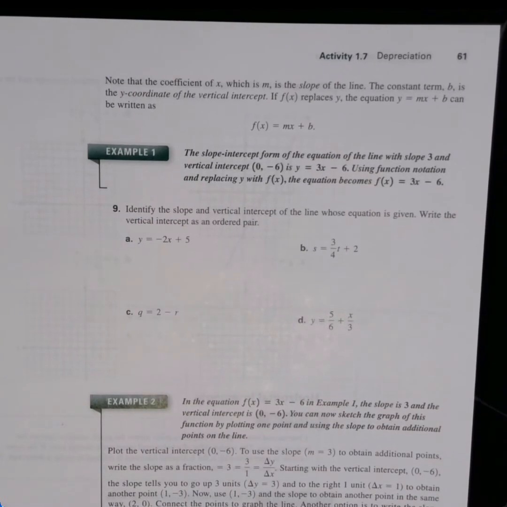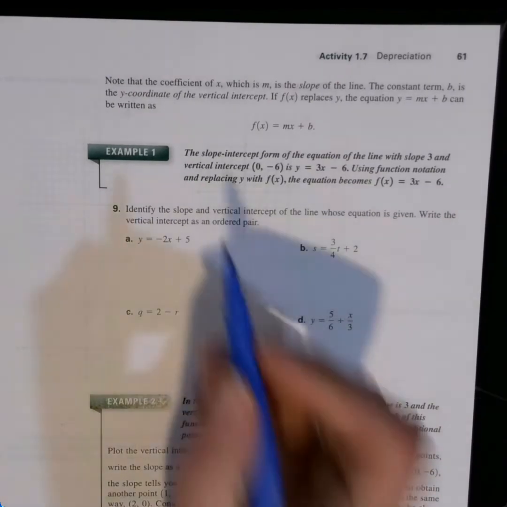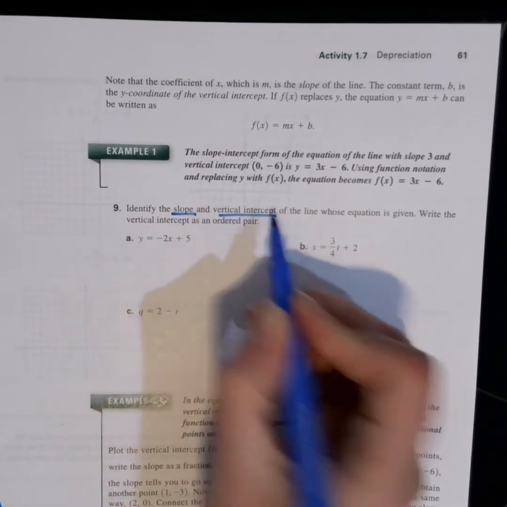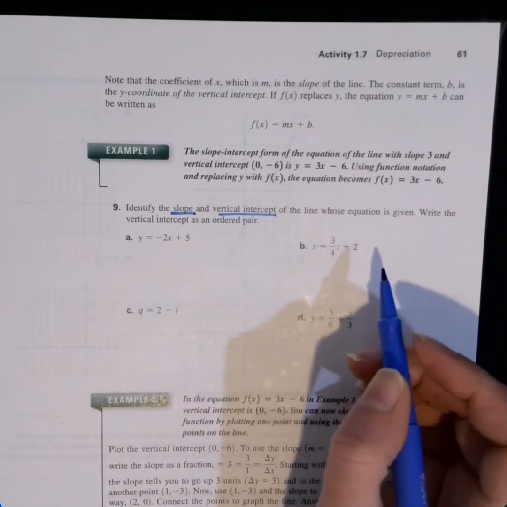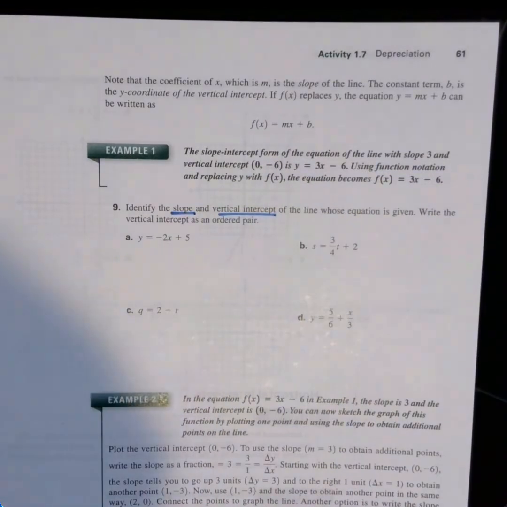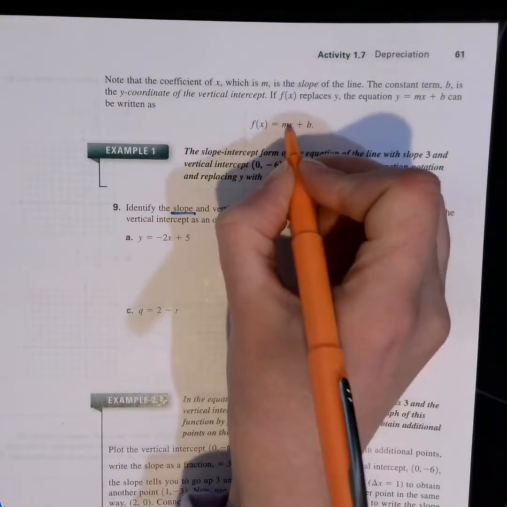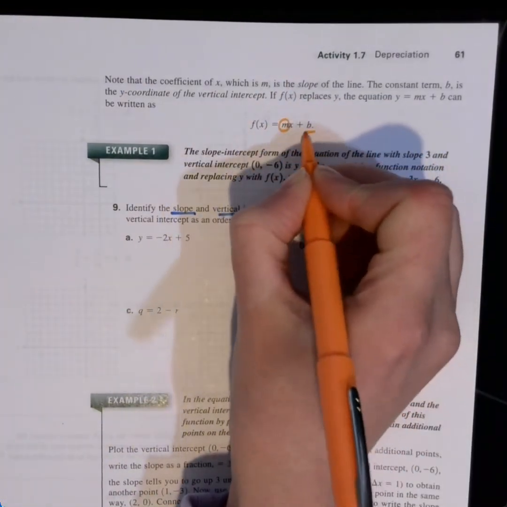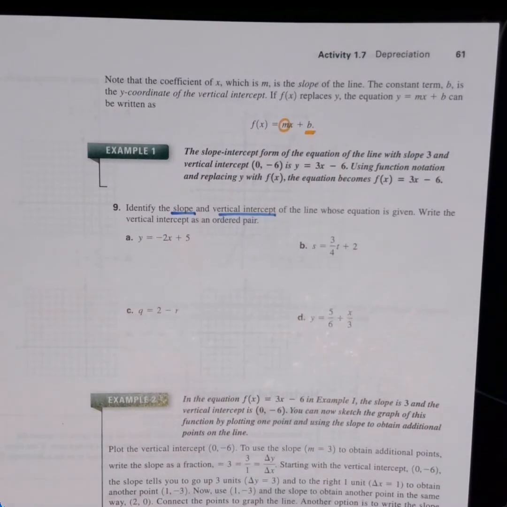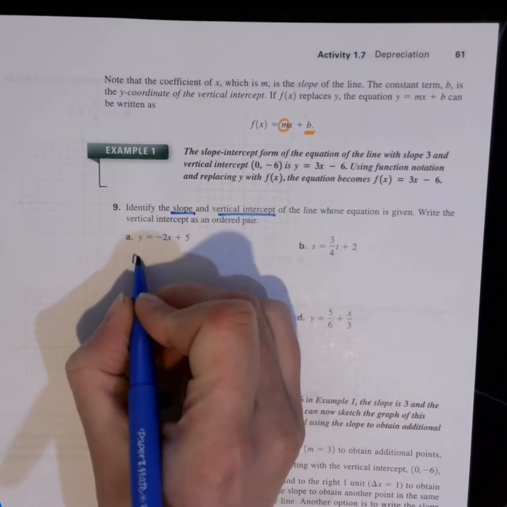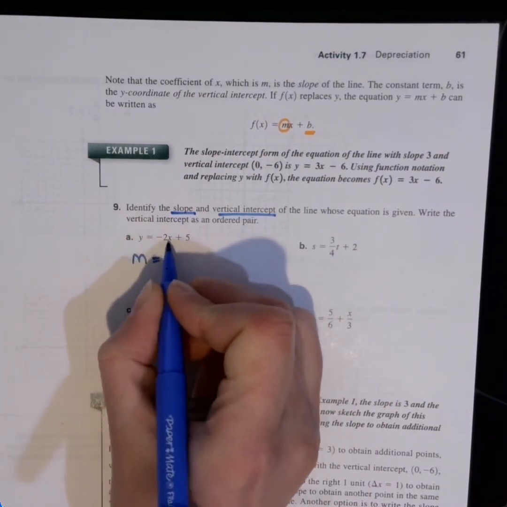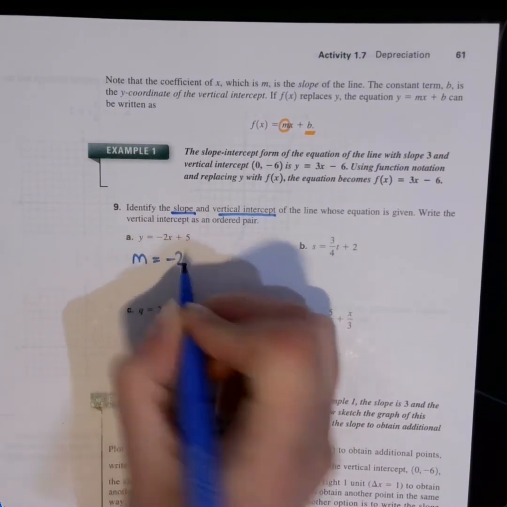All right, next, looking at these equations, we want to identify the slope and the vertical intercept from the equation that's given. If my equation is in the form y equals mx plus b, I can read off the slope and the vertical intercept as the coefficient of x and the constant respectively. So my slope m, well, there's x, so -2 is our slope.